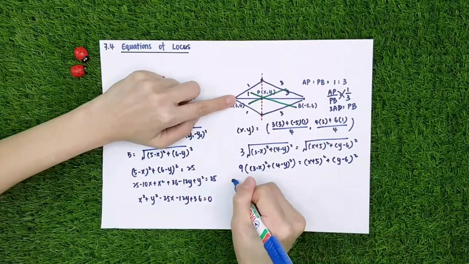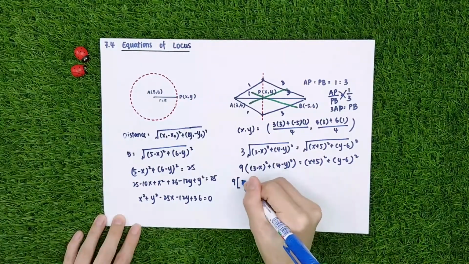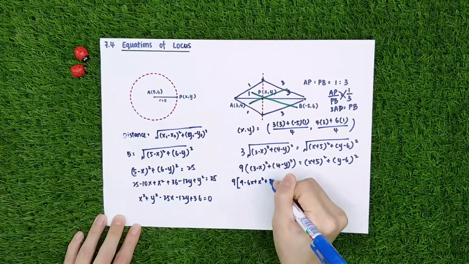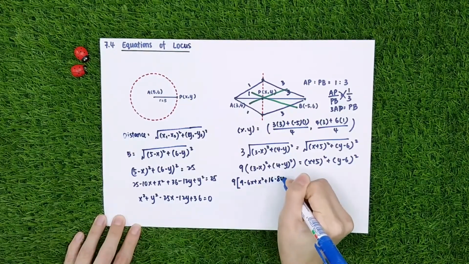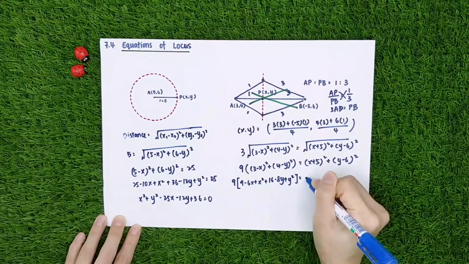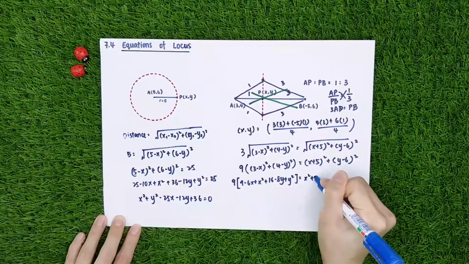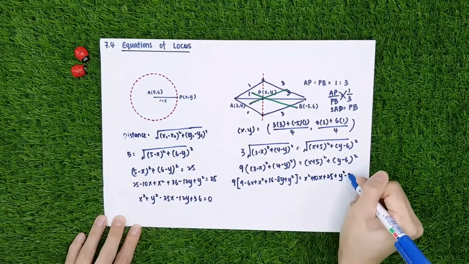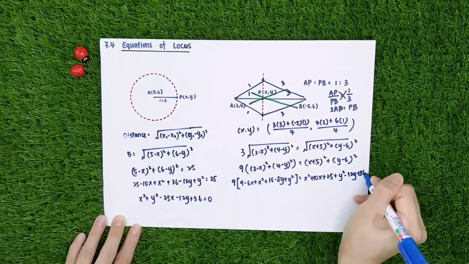Okay, so on the left I will expand it to 9 minus 6x plus x squared plus 16 minus 8y plus y squared. And on the right, after I expand, I will get x squared plus 10x plus 25 plus y squared minus 12y plus 36.